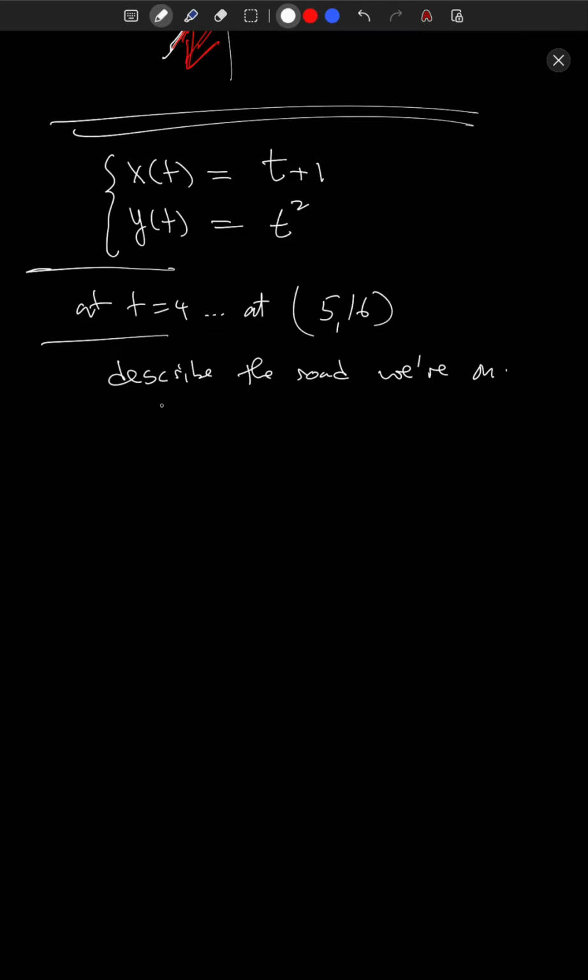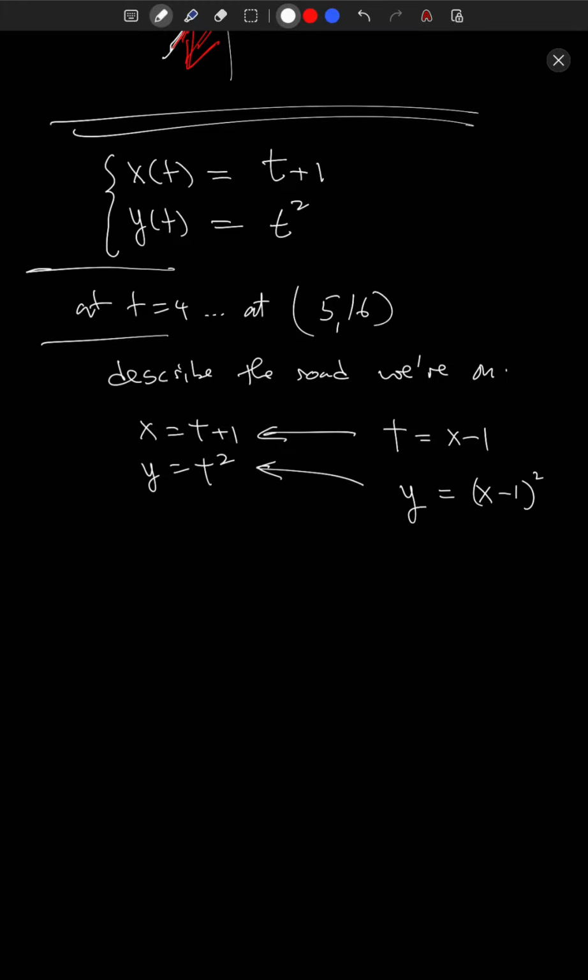Again, we do this in the same way. x equals t plus 1, y equals t squared. Let's use the first equation to solve for t, so t equals x minus 1. Then let's plug that into the second equation: y is equal to x minus 1, the whole thing squared.